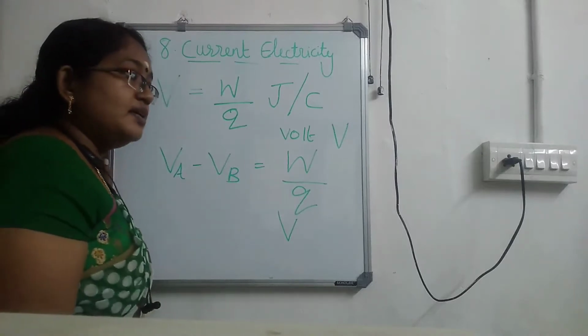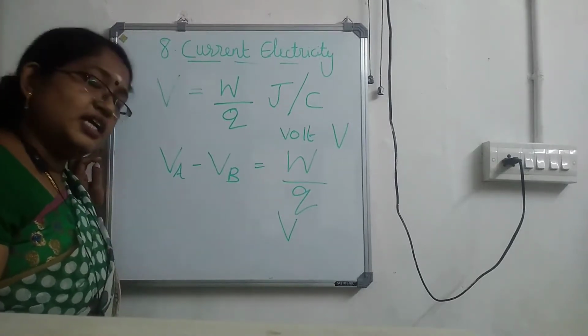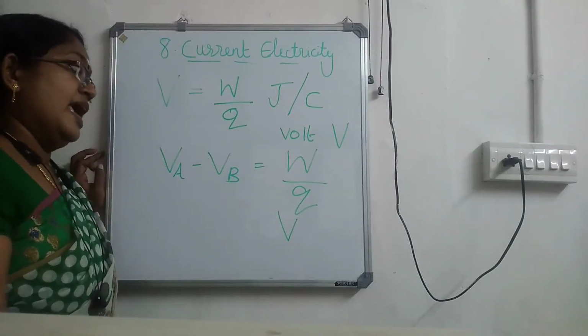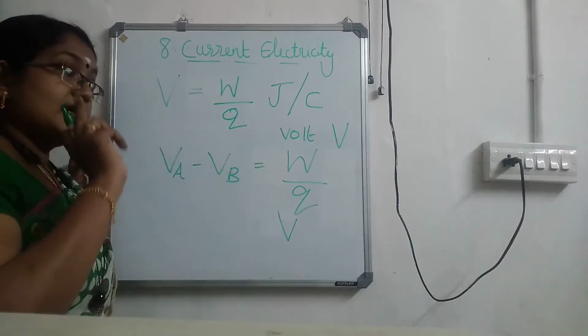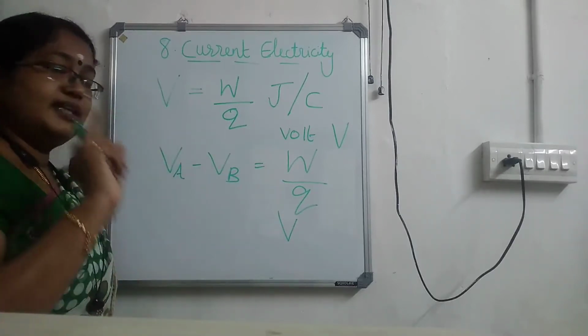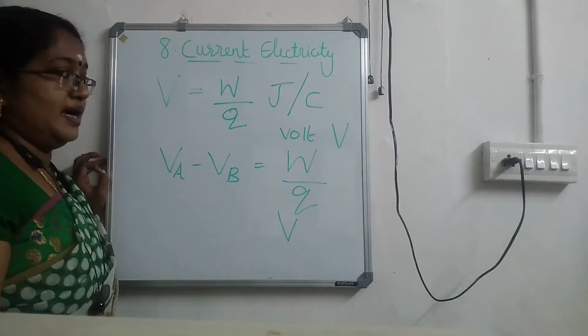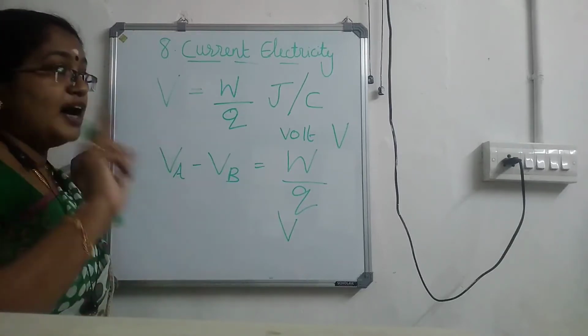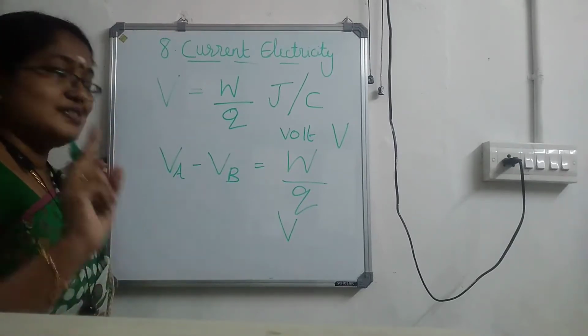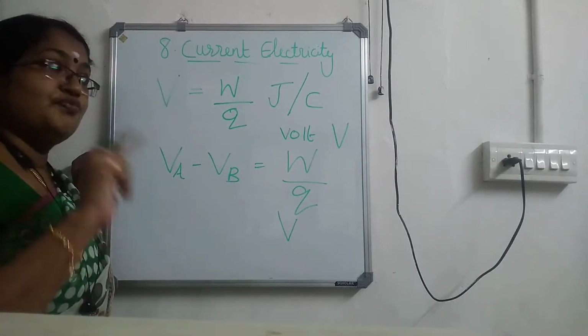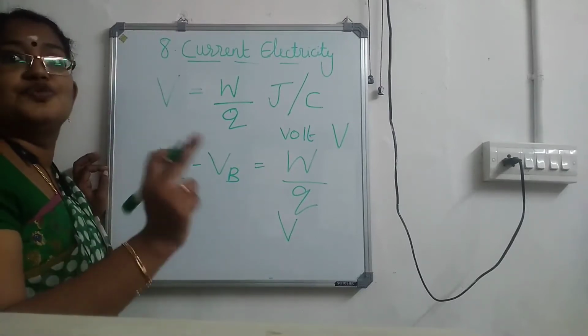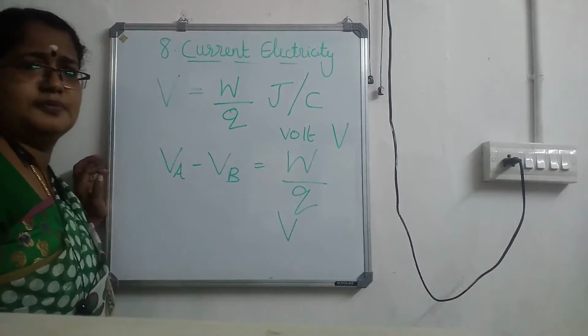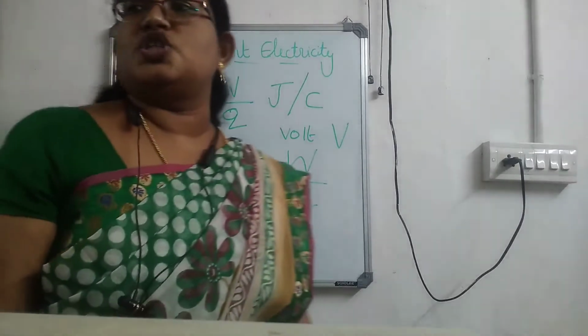And if you are giving the definition on the basis of potential difference, what can you say? 1 volt is the potential difference between 2 points if 1 joule of work is done to move 1 coulomb of charge between the 2 points. So with the equation, we have to define it.